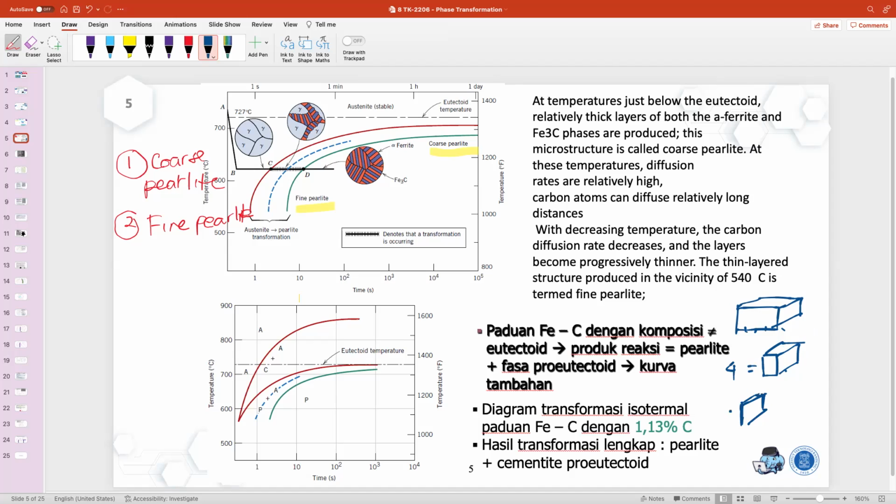However, if I have this tempe and I slice it really fine, maybe I can get 20 instead of 5. So if you think about the surface area multiplied by how many layers you have, you will end up with a higher area. Blocking the dislocation more means the material is stronger, and the material will resist plastic deformation. So with decreasing temperature, the diffusion decreases and the layers become progressively thinner.